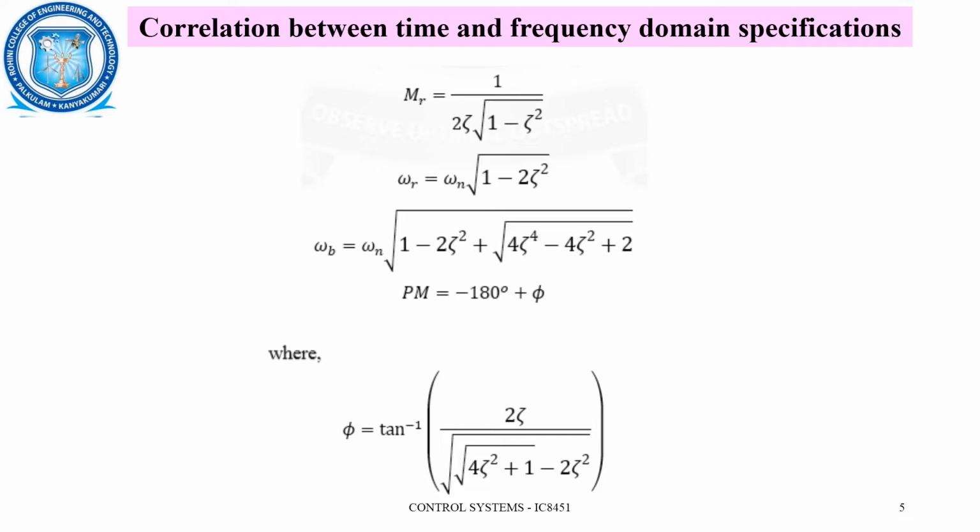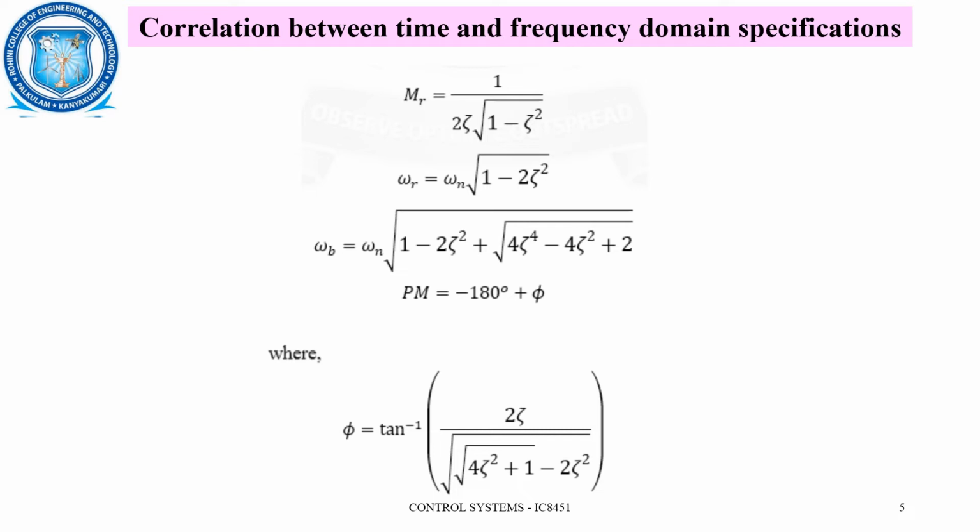Let us see, when zeta is equal to 0, what happens to the Mr value. Obviously, it is infinity, and omega r is equal to omega n when zeta is equal to 0. If 1 minus 2 zeta square itself is 0, the Mr value is indeterminate.